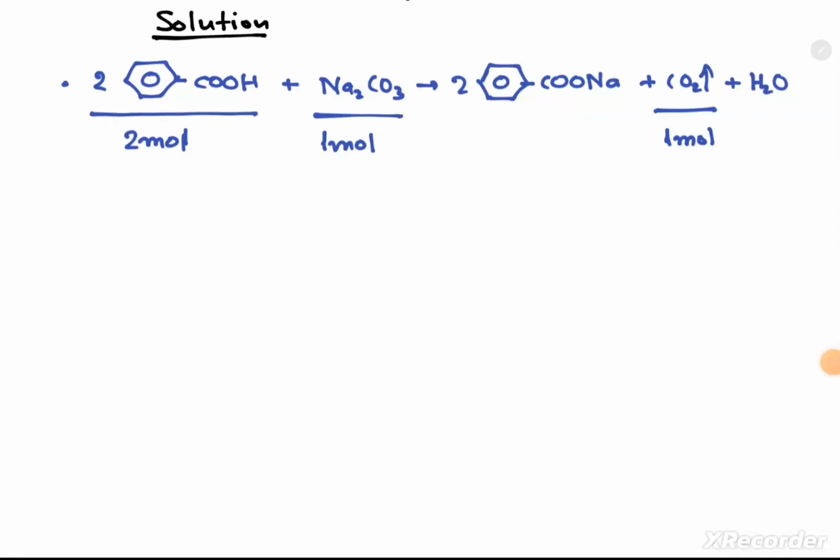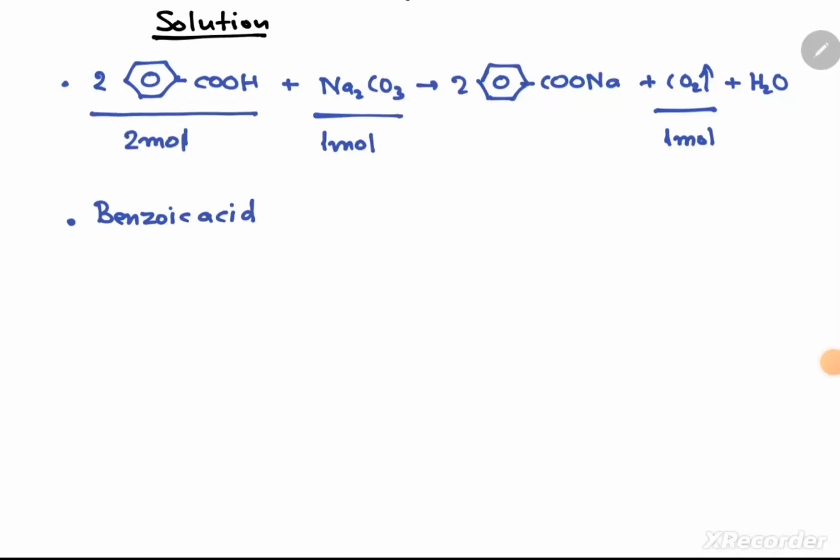We calculate the moles of each reactant, and we have excess control because we are given the moles of both reactants without knowing which reacts completely. First, the moles of benzoic acid.